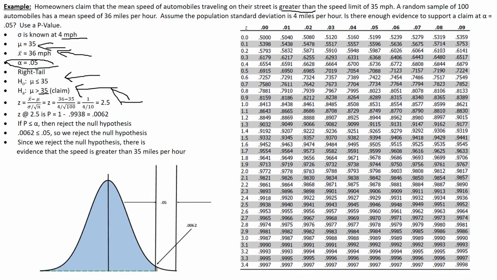And let's look up, and I got the positive side here. So 2.5, that's 2.50. So it'll be right here. And 2.50 is 0.9938.